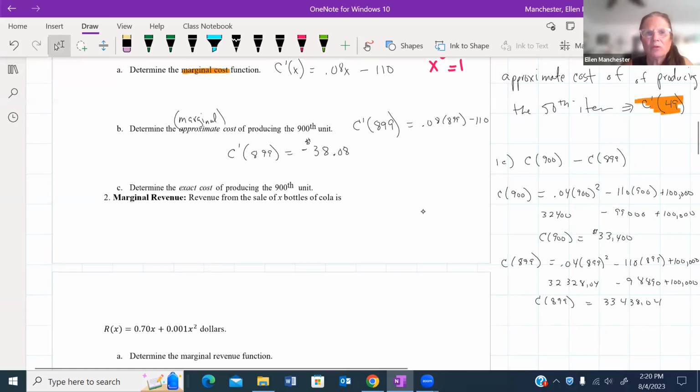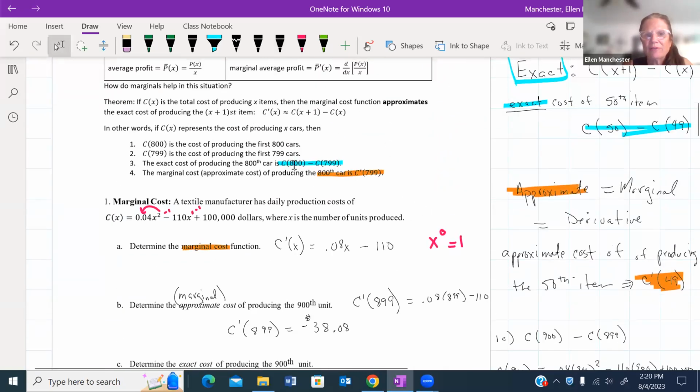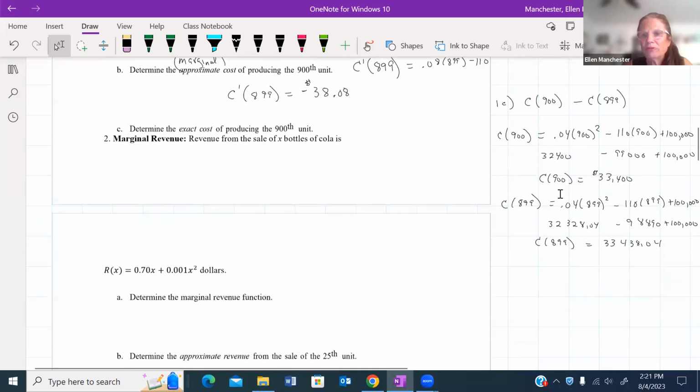So remember, when you're looking for exact, you have to find the difference between the two values. The total cost for producing 900 was 33,400. The total cost for 899 is 33,438.04. Look at the difference between the two: it's a negative 38.04.